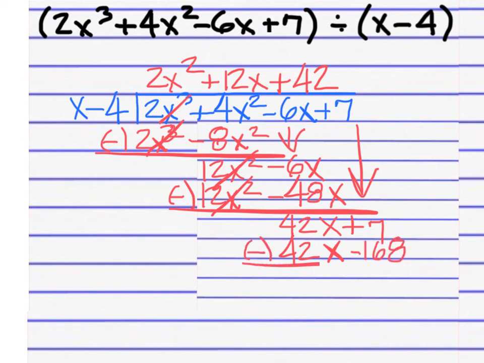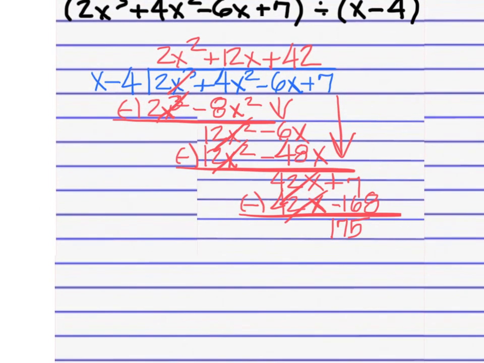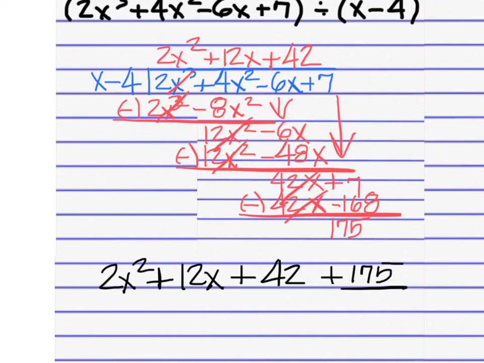We have to subtract, cancel. 7 minus a negative 168 is a positive 175. So we're going to have for our final answer 2x squared plus 12x plus 42 plus 175 over x minus 4.